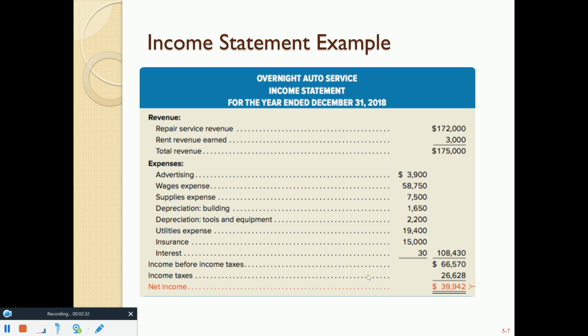Subtract that from revenue, you get a subtotal called income before income taxes. Subtract out your income tax expense. You are left with net income. Now remember this number, net income, $39,942. That is the first financial statement, the income statement. Simply a summary of the revenues less the expenses, the calculation of net income.